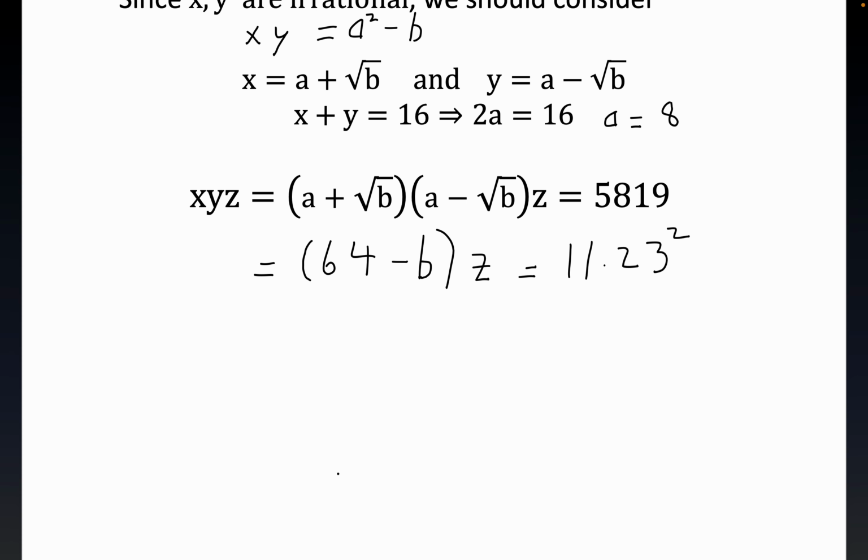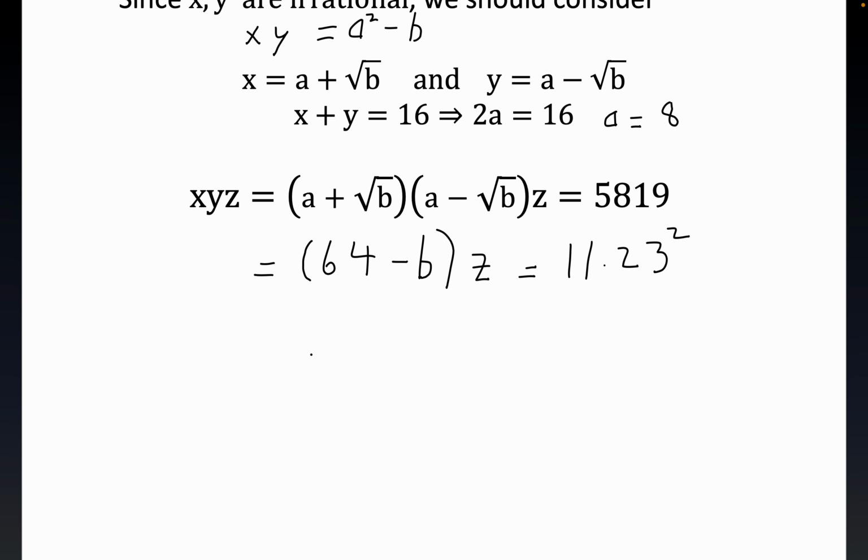The way this is set up, it makes quite a bit of sense to equate 11 to this first factor, because we need the solutions to be distinct. So we're going to equate 11 to this first factor and see where that falls.